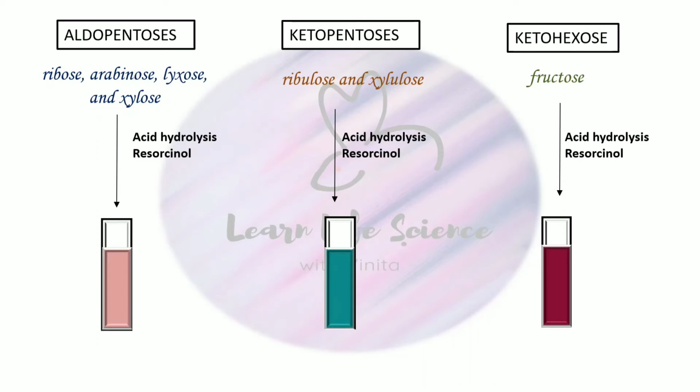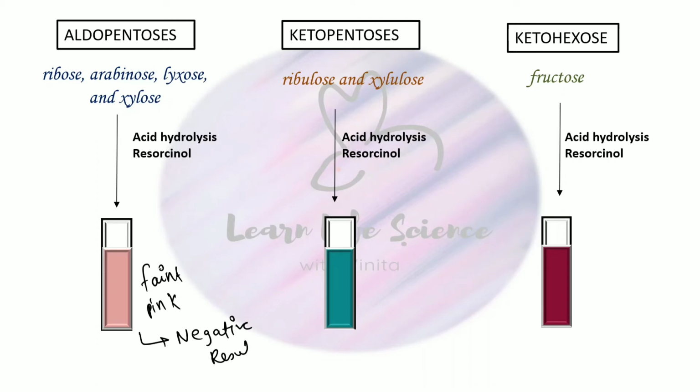When these sugars are treated with acid, there is very slow dehydration, and therefore only a minimal amount of sugar can react with the resorcinol reagent, and the final end product is faint or pink in color. It generally gives you a negative result.